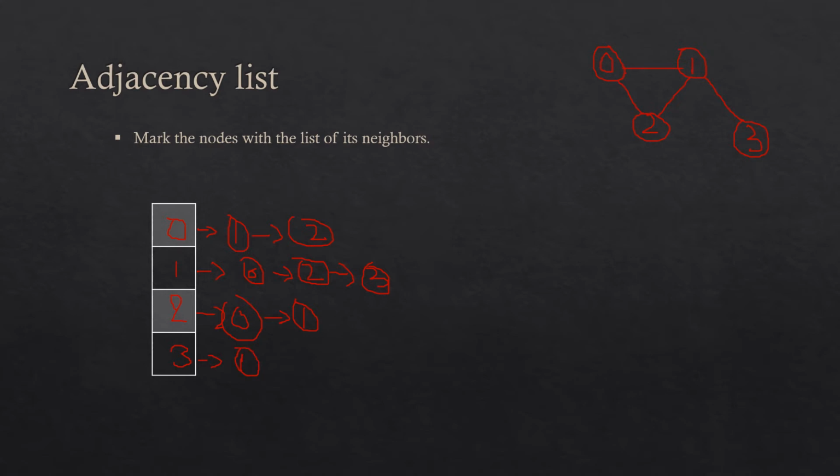Okay, so basically what it does is that it will store in adjacency list. There will be an array which will store a list of pointers pointing to these lists. So this is an array and it will store these lists.